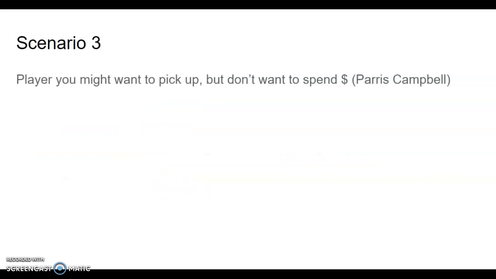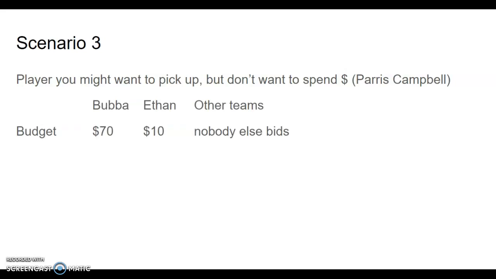In scenario three, let's say you want to pick up a player, but you don't want to spend any money. Let's say Bubba and Ethan at this point in the season have $70 and $10 respectively. Nobody else bids on that particular player. They each bid $0, hoping that nobody else is bidding anything. Keep in mind that if somebody else would bid $1, even just $1, they'd win the bid because they're the highest bidder.